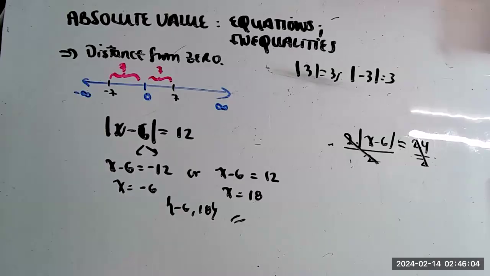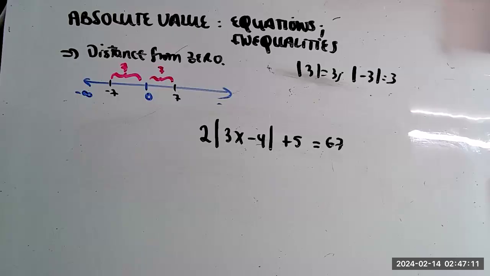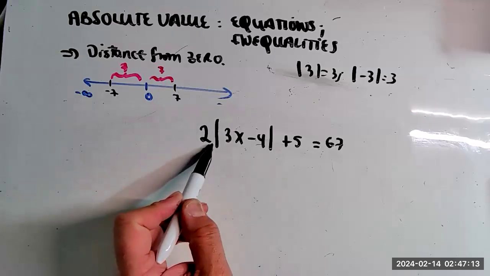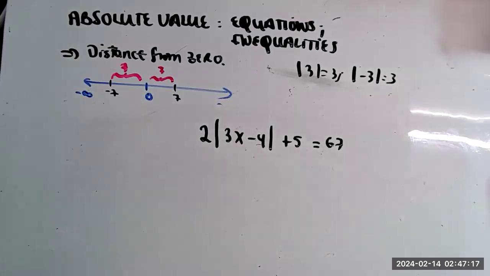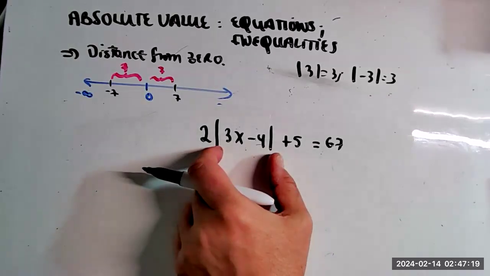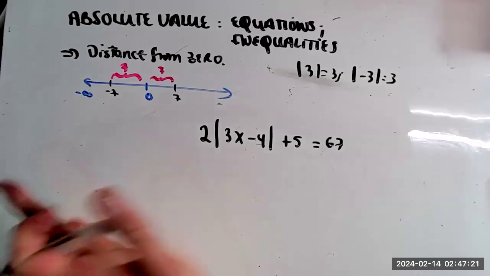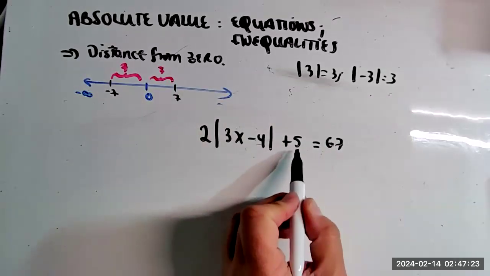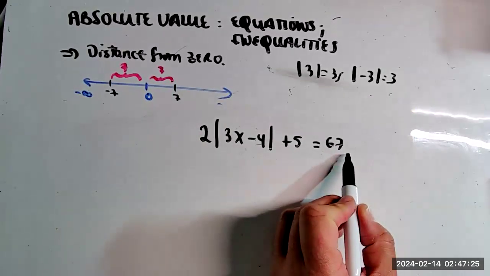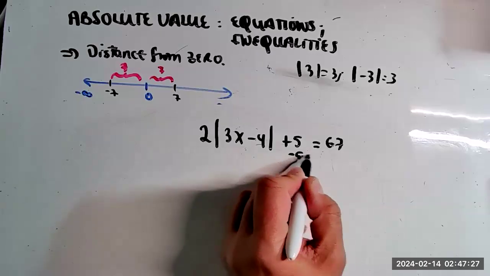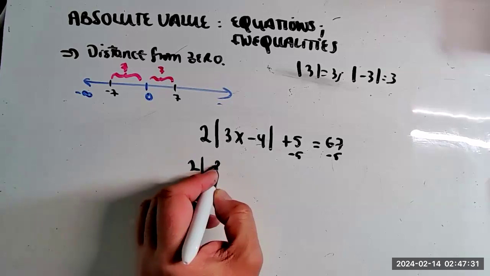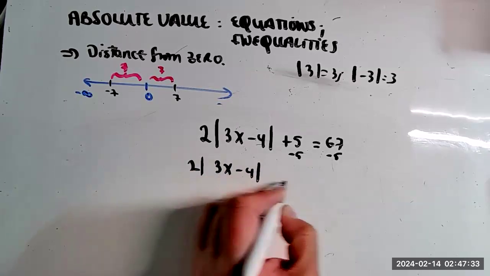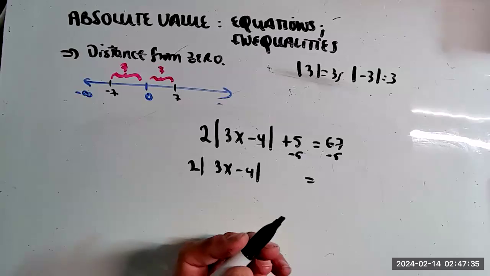Let's try another example. What happens if I have this example: 2 times absolute value of 3x minus 4, plus 5 equals 67? I need to isolate my absolute value, so I can split it into the negative or the positive. We subtract 5, minus 5 minus 5. 2 times absolute value of 3x minus 4 equals 67 minus 5.